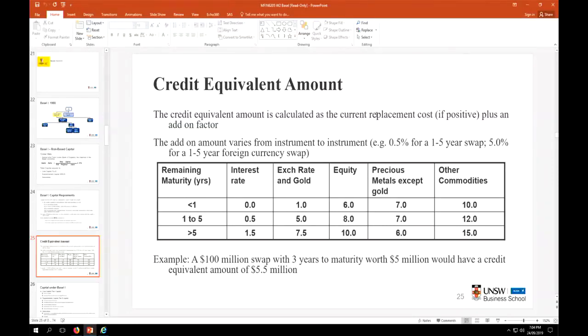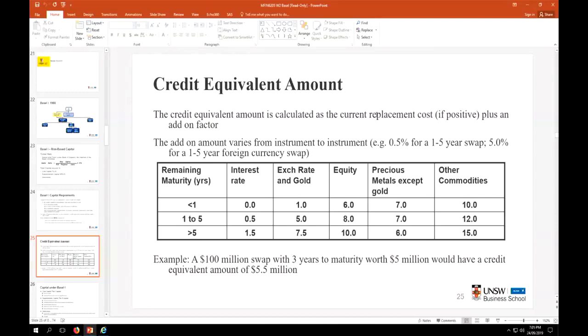And once I have this equivalent number, I've now figured out that the value of the interest rate swap is 5.5 mil. I still need to apply a risk weight. And the risk weight will depend on what? The risk weight will depend on who my exposure is to.